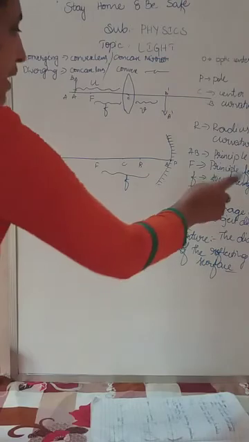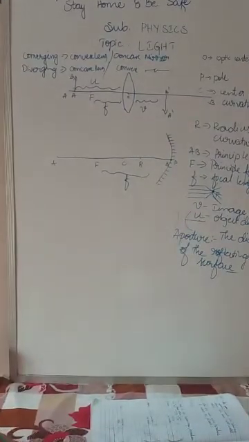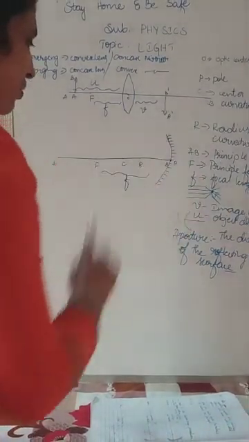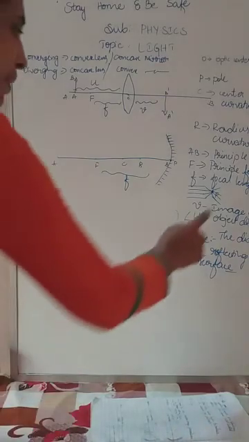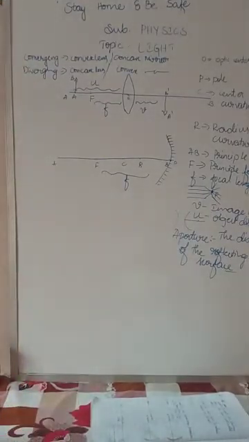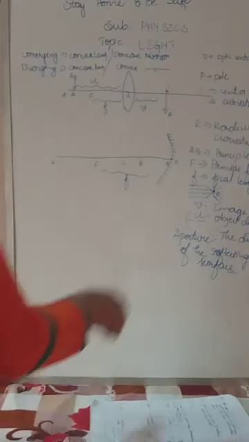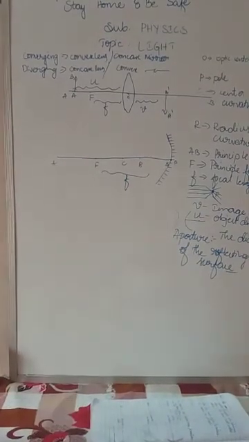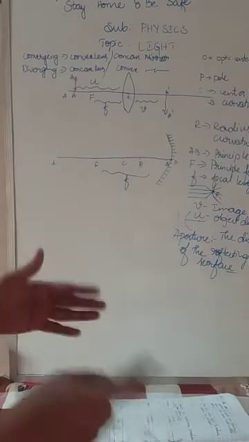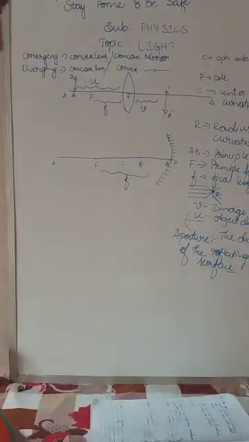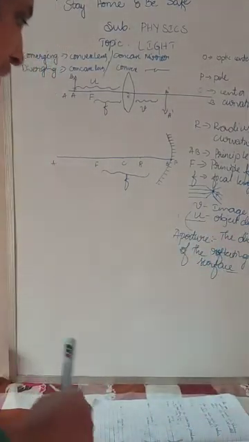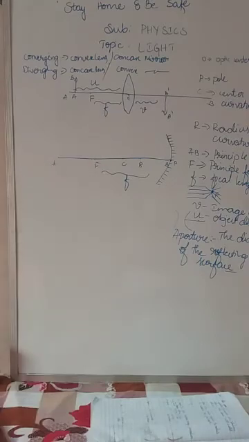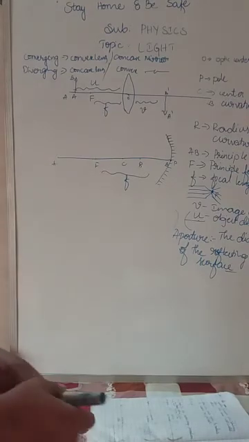Principal focus is denoted by capital F, focal length is denoted by small f, image distance by small v, object distance by small u, and aperture. Aperture is also a variable value. We can give any name for that. That is the diameter of the reflecting surface. That's why I have not mentioned anything here.